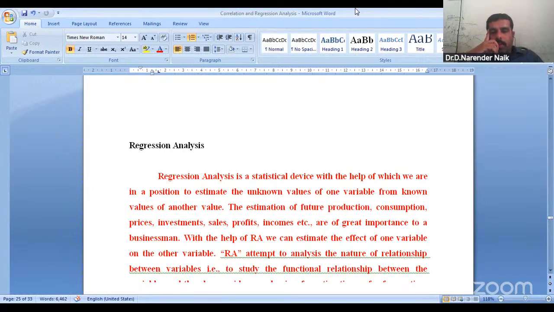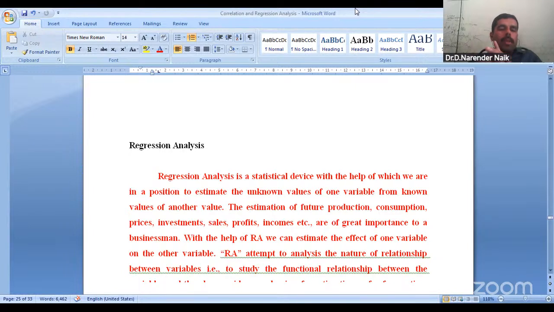Okay, so regression analysis is also one of the important statistical devices with the help of which we are in a position to estimate the unknown values with the known values of another variable. The estimation of future production, consumption, prices, investments, sales, profits, incomes, etc. are of great importance to a businessman.